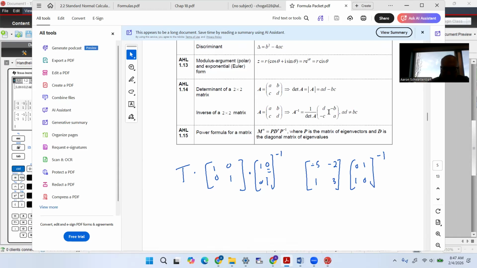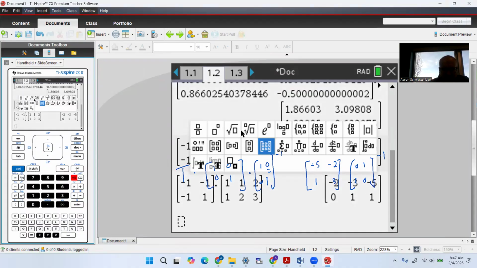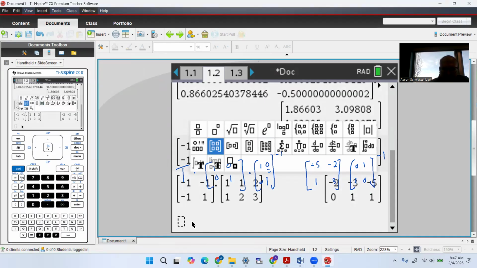Determinant of a 2 by 2 inverse: 1 over determinant, D, A, negative B, negative C. But that feature will not be taken away from your calculator. What about the variables? Yes.